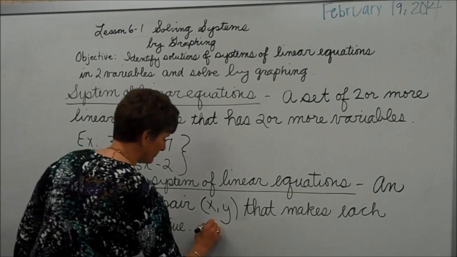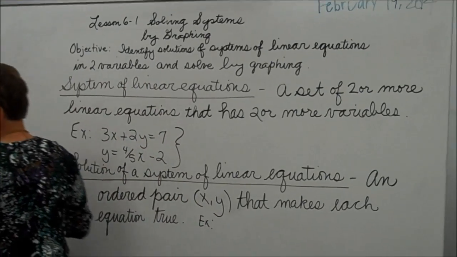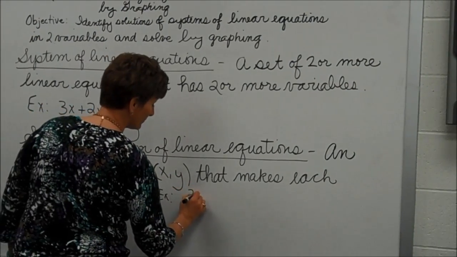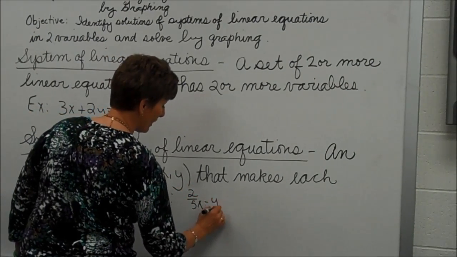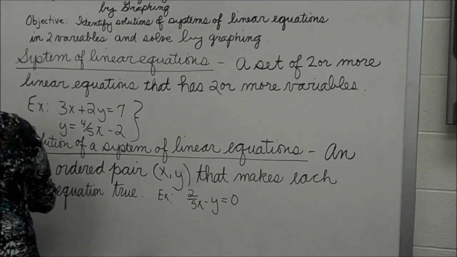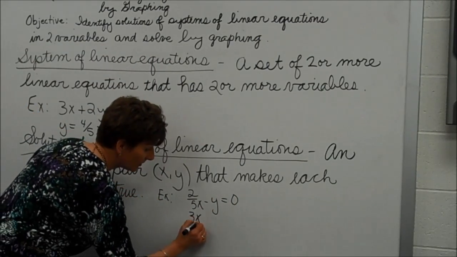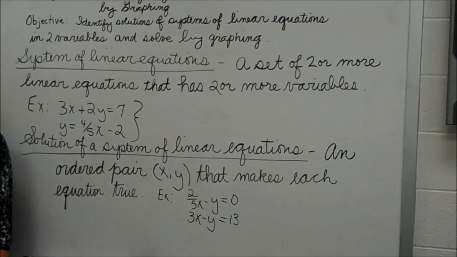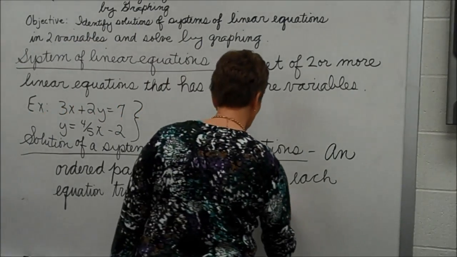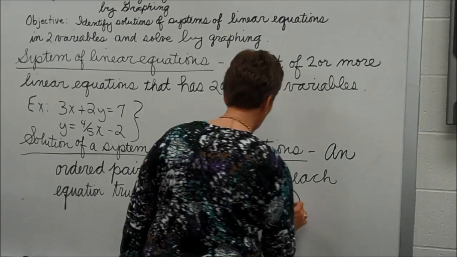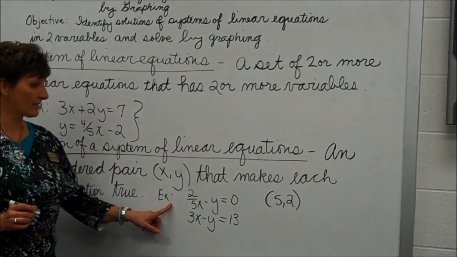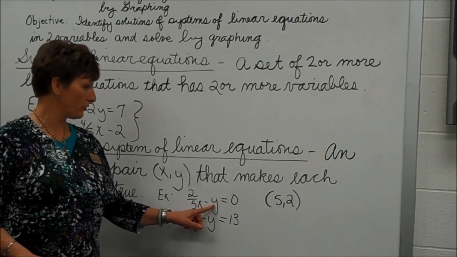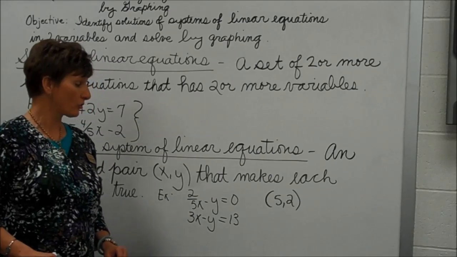For example, x minus y equals 0, and 3x minus y equals 13 is a system of equations. The ordered pair 5, 2 is a solution to this system because when x equals 5 and y equals 2, it makes each of these equations true.